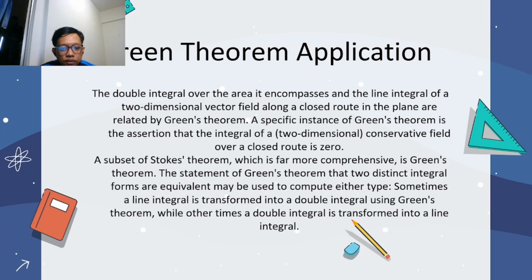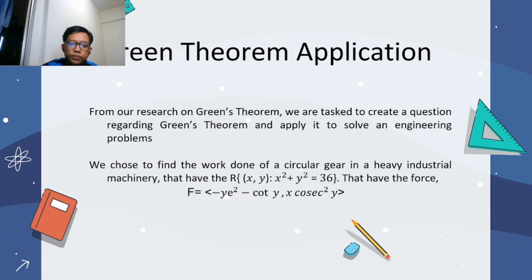Green's theorem is a subset of Stokes' theorem, which is far more comprehensive. Since the theorem states that two distinct integrals are equivalent, it may be used to compute either type. Sometimes a line integral is transformed into a double integral using Green's theorem, while other times a double integral is transformed into a line integral.